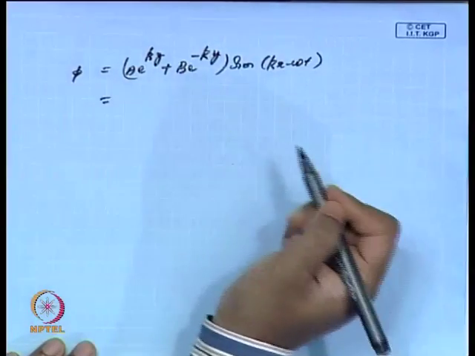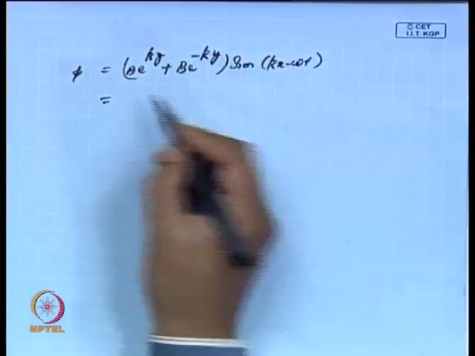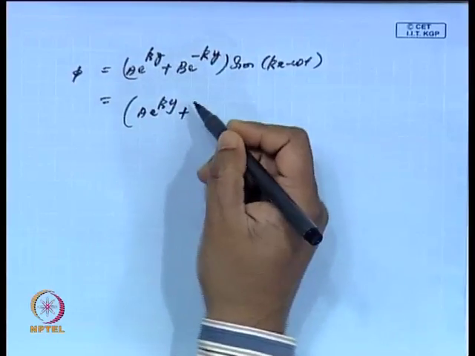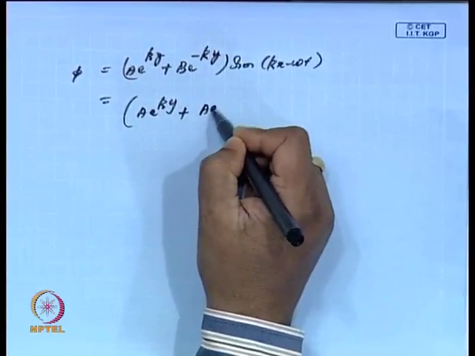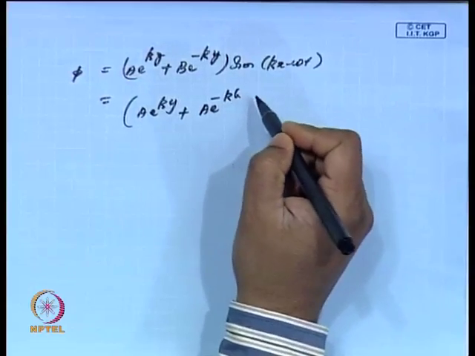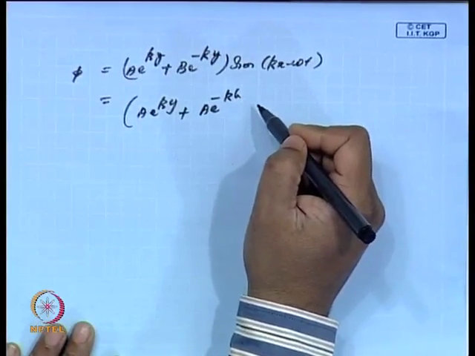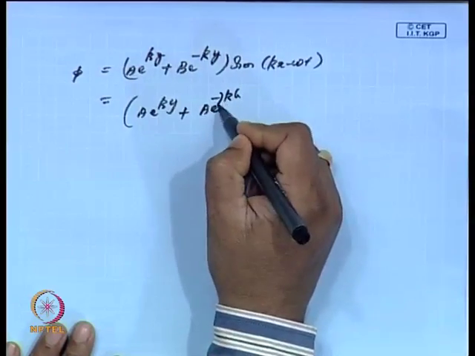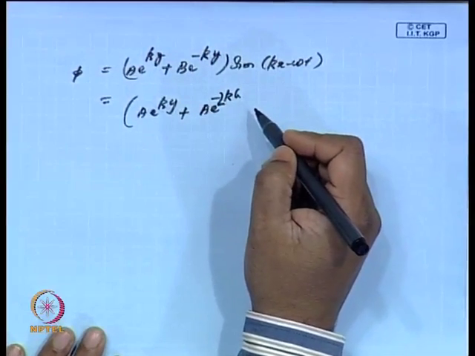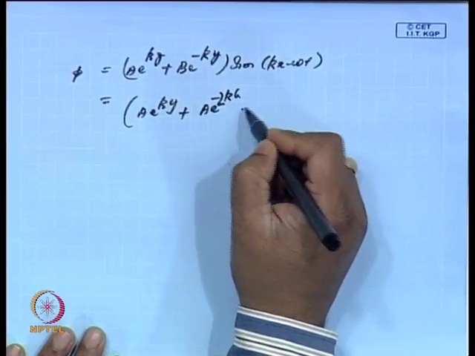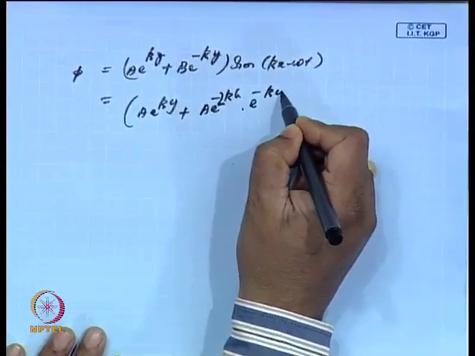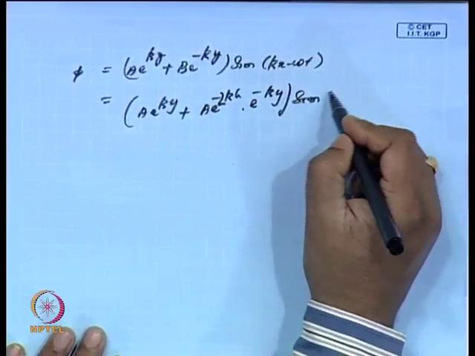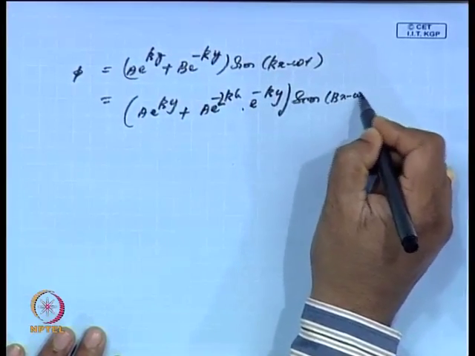Now, I substitute for b in terms of a, so that will give me a e to the power k y plus a e to the minus k h divided by minus 2 k h into e to the power minus k y, into sin(kx minus omega t).